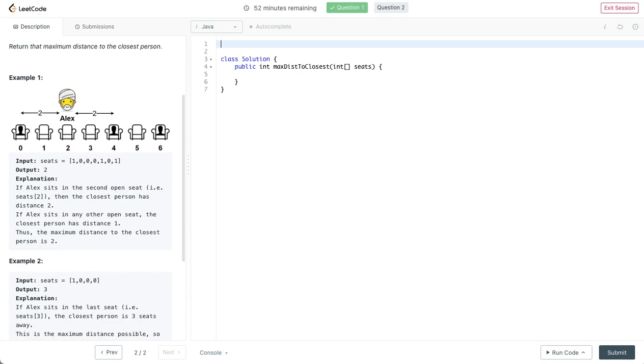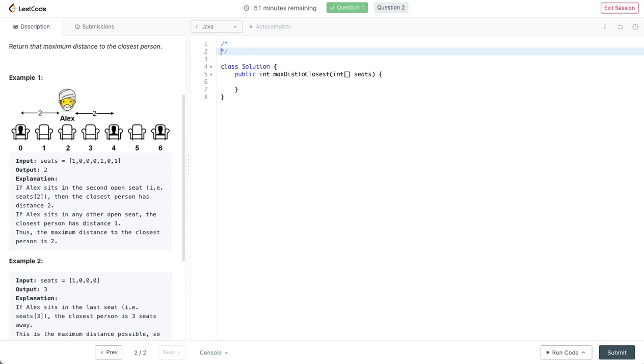We're just going to know where is the next occupied, and where is the left occupied, and we can iterate for each seat.